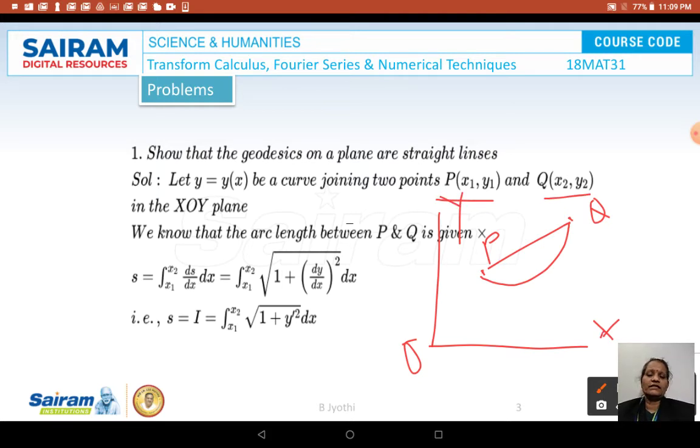We know that the arc length between P and Q is given by S equals integral from x1 to x2 of ds by dx dx. That can also be written as root of 1 plus (dy by dx) whole square, or root of 1 plus y dash square, into dx.